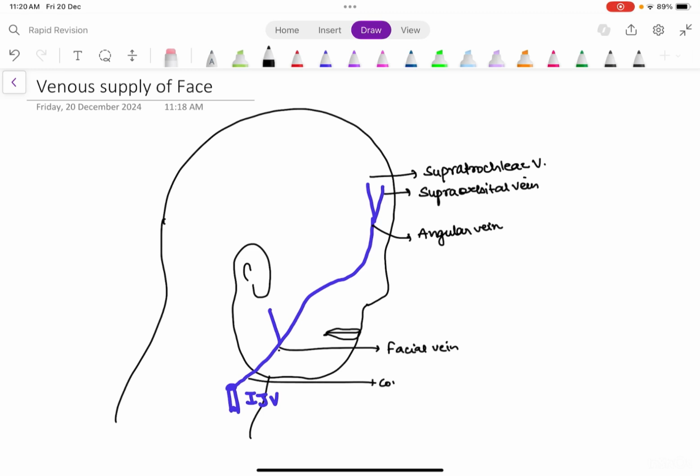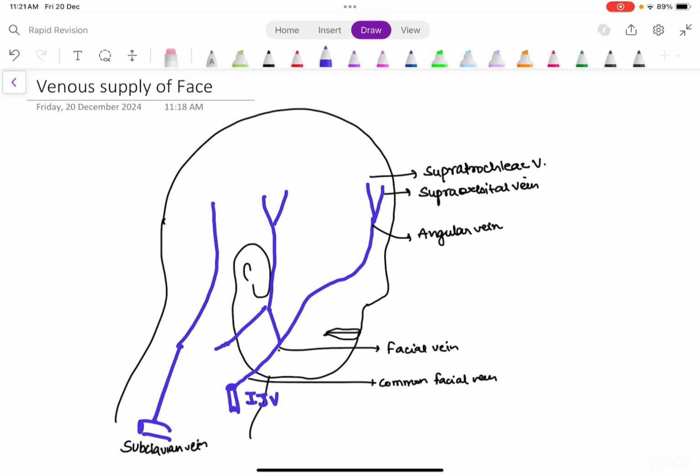Then we have common facial vein. Okay, then this continues like this. Here I have my subclavian vein from which I have the EGV, right?